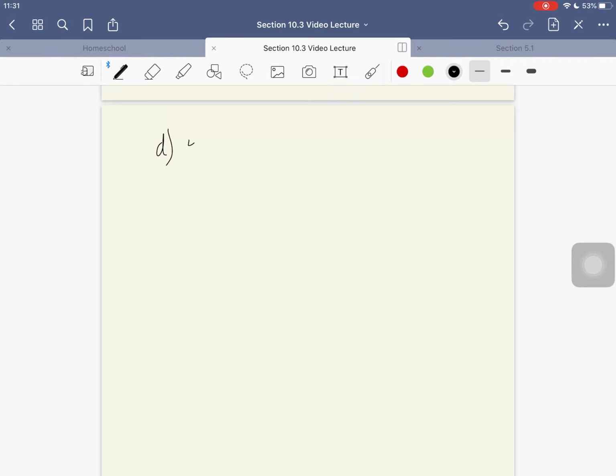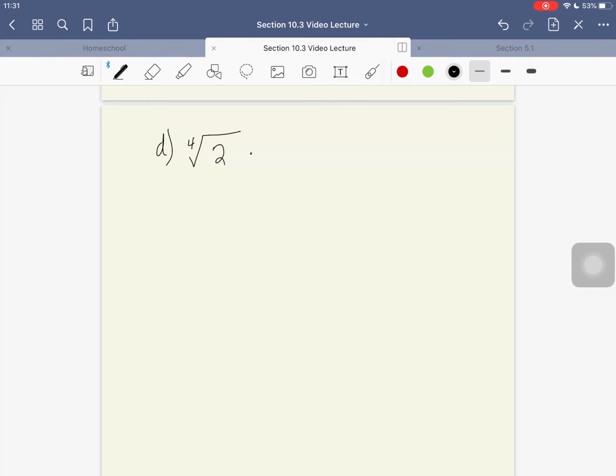All right, the fourth root of 2 times the fifth root of 2. Now this one, I can't do it in the same way because my indices are different. I have a 4 and I have a 5.